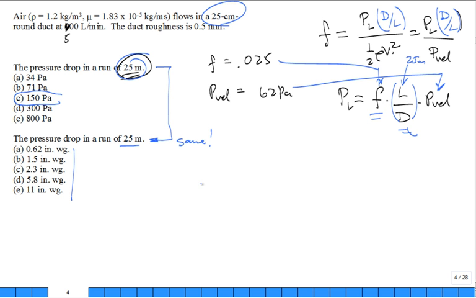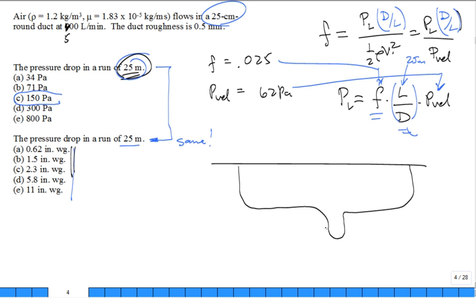Okay, so how do you express a pressure loss in some funny units like inches of water column? Well, think about if I have a long manometer, and this manometer is filled with water and the rest of it's filled with air. It's connected to my pipe or duct that's flowing. Air is the fluid flowing down here.